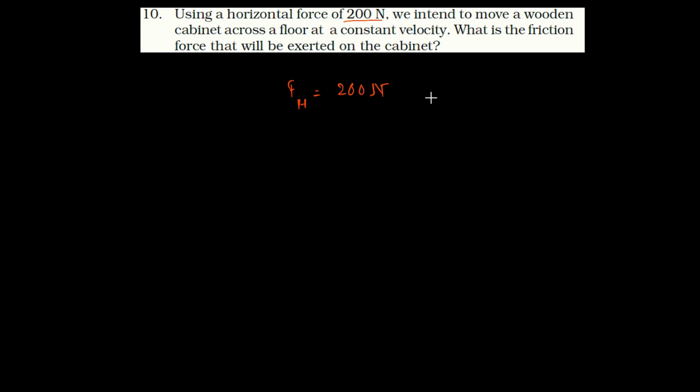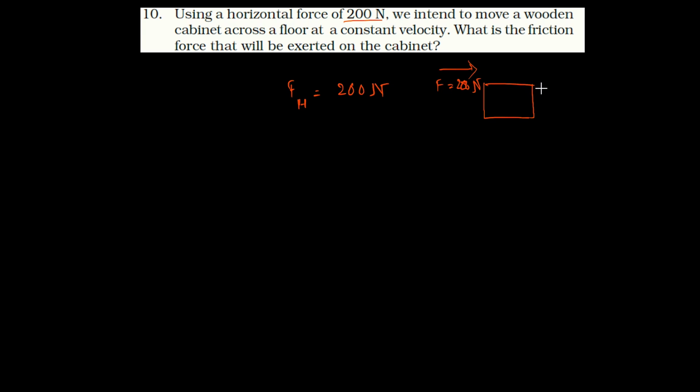That means a wooden table, wooden box, anything we can consider, across a floor at a constant velocity. We intend to move that object in this direction by applying a force of 200 Newton, right, at a constant velocity.